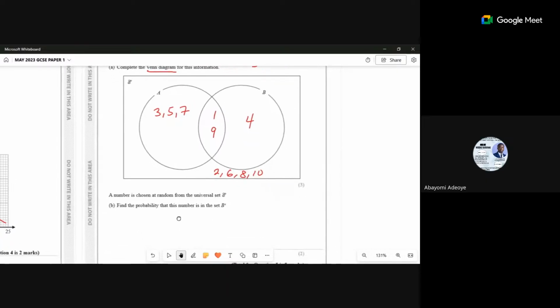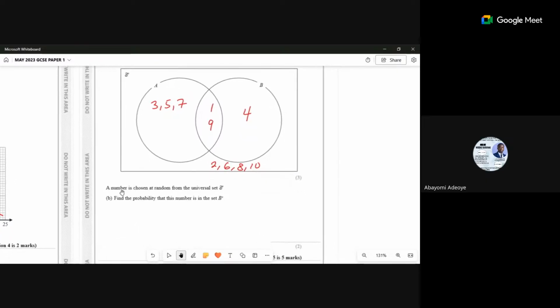Now look at the next question. It says a number is chosen at random from the universal set. Find the probability that this number is in set B complement. Like I said, this is B complement. What do you understand by complement? I don't know.